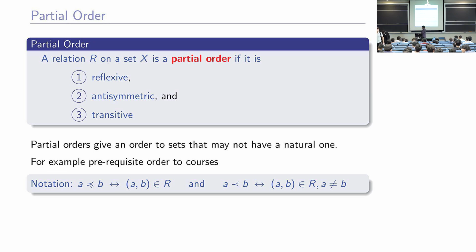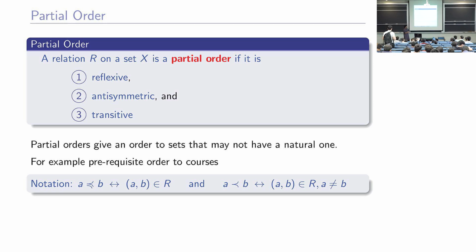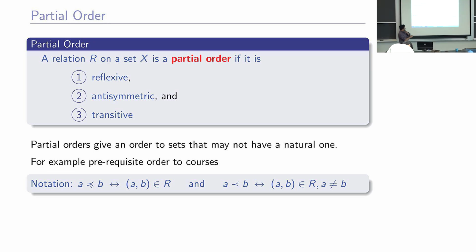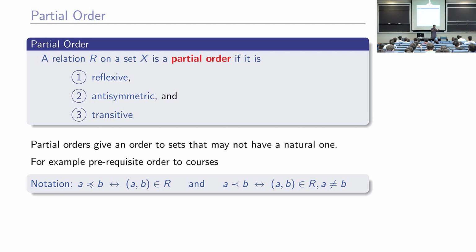So, note the notations. A precedes B. This notation, A precedes B, is used when A and B are related by this partial order, a relation with these three properties. It is denoted as A precedes B, strictly precedes B when A is different from B. Generally we write it as the usual thing when we say A is less than or equal to B; from the context it is sometimes clear that we mean strictly less than.